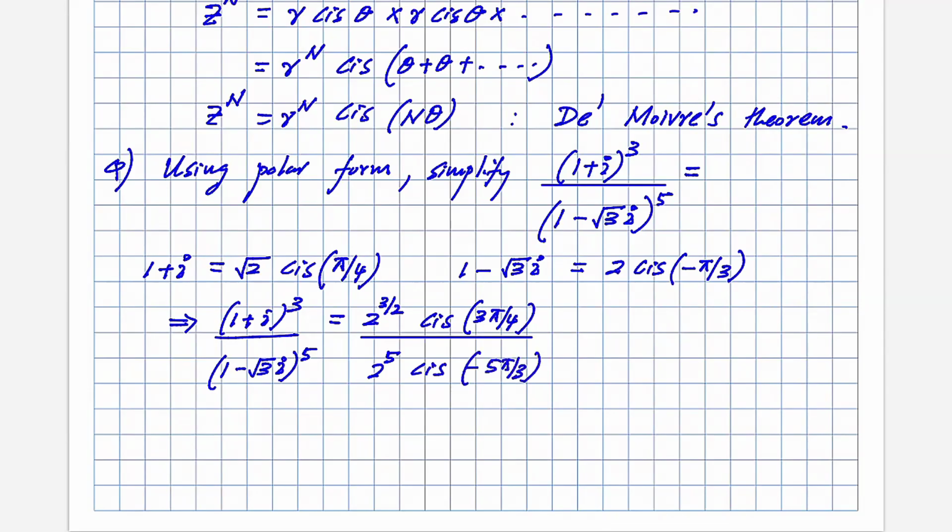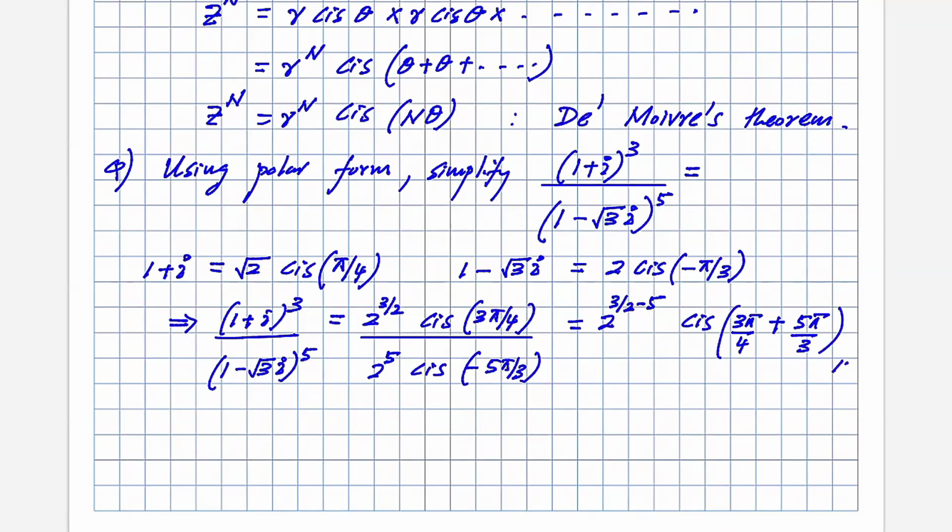My calculation is right. So now you go to kindergarten, index laws. 3 divided by 2 minus 5. The arguments are subtractive. So it's going to be 3 pi divided by 4, minus minus is going to be positive, so 5 pi divided by 3. Is that clear? Right. So the rest I don't have to do.